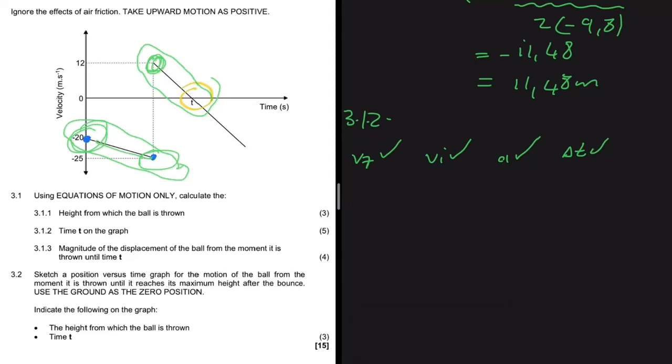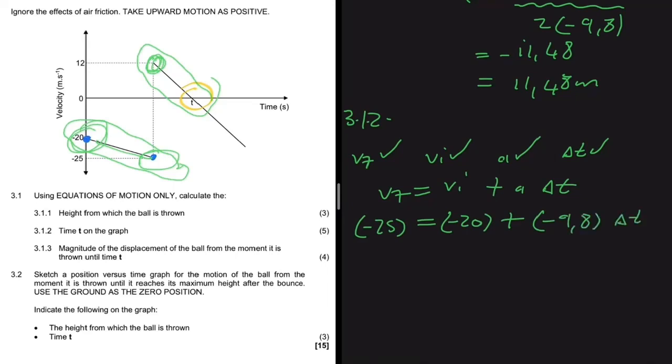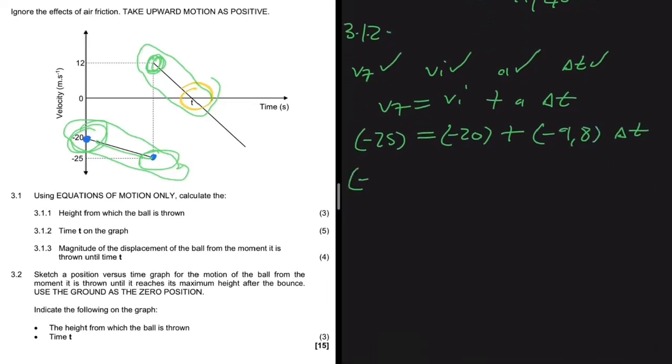For that first part of the motion, VF equals VI plus a multiplied by delta t. What is VF? Minus 25. What is VI? Minus 20. We know fully well our acceleration is minus 9.8, multiplied by delta t.